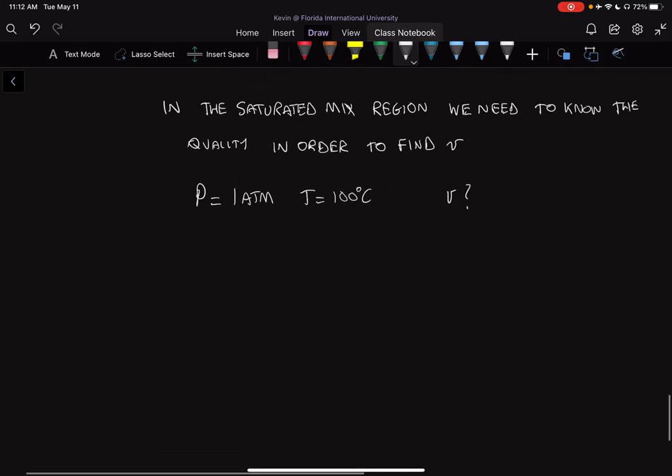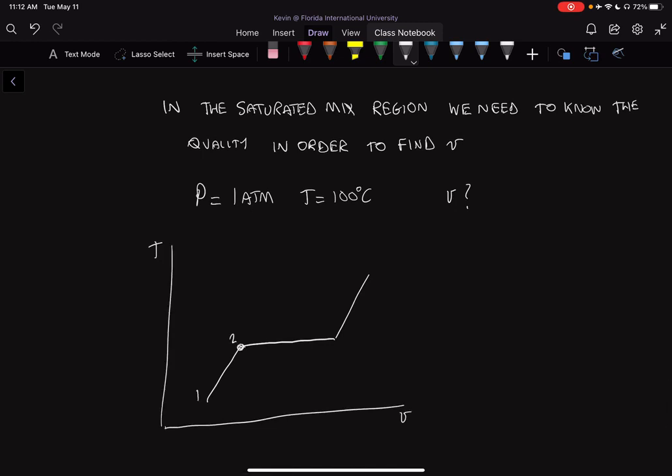If we look at our T-v diagram, we have points 1, 2, 3, 4, and 5, and this is a line of constant pressure of 1 atmosphere. If we're in this region here, and we have Tsat happening at 100 degrees Celsius, how are we supposed to find the volume? The volume could be anything within this region.